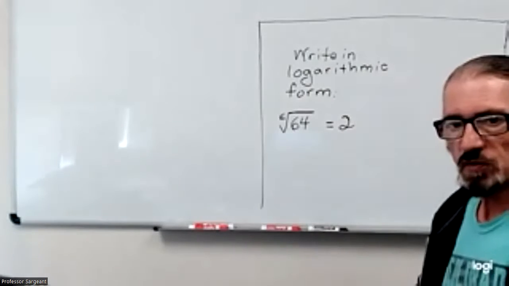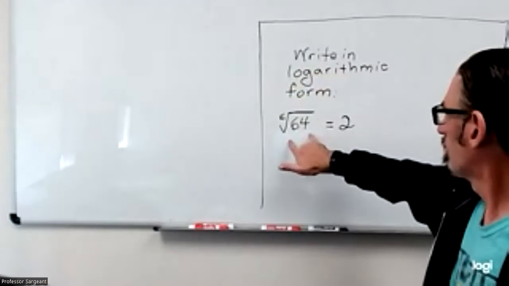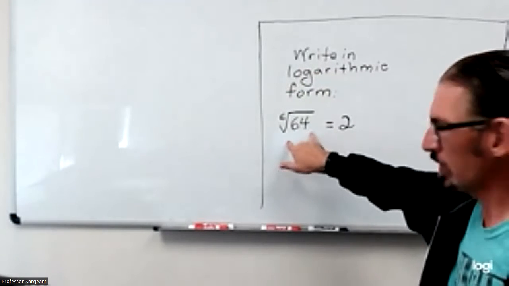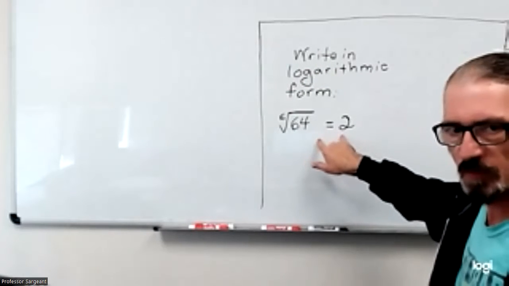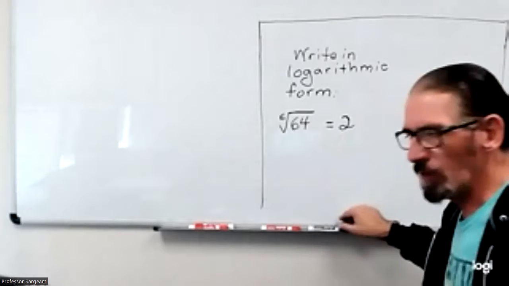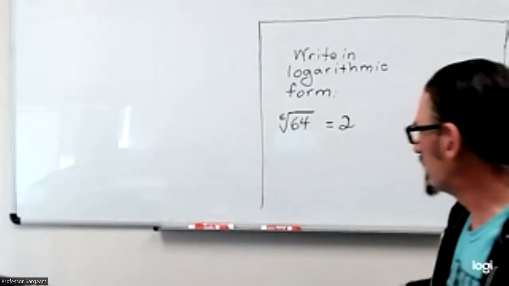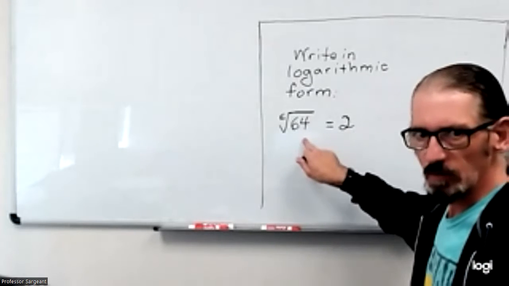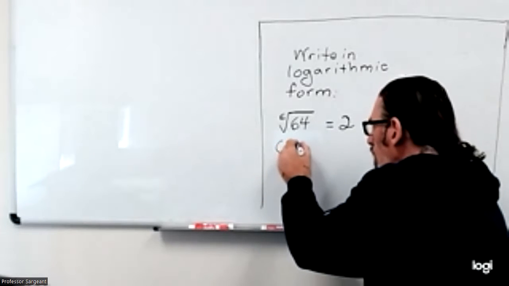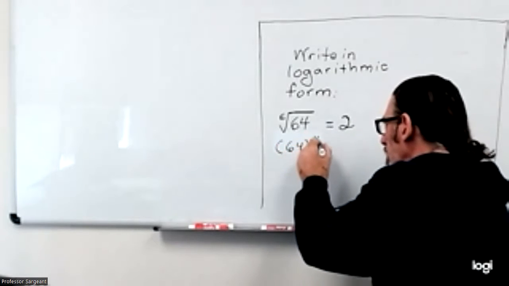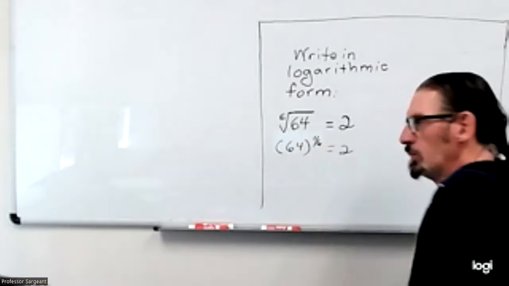So the question was to take 6th root of 64 equals 2, which is a true statement, and write it in logarithmic form. Now, what they're expecting is to rewrite 6th root of 64 as 64 to the 1/6 power equals 2.